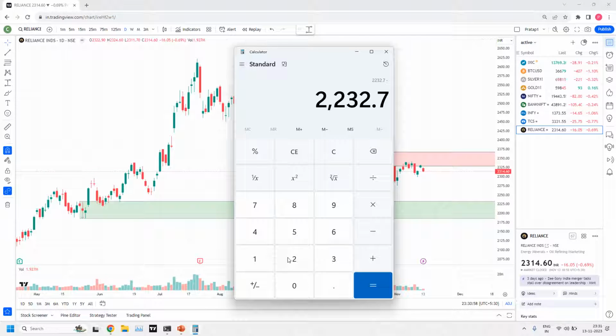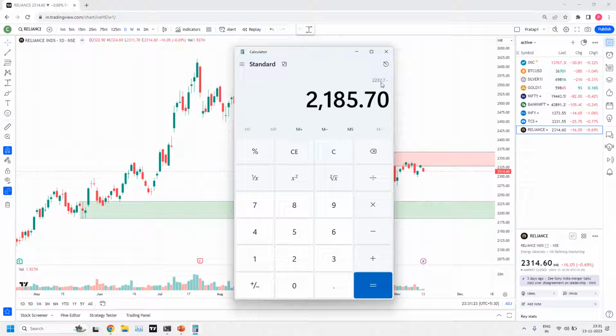So minus 2185.70. Let me check, is it 2185? I am placing my mouse on the third base candle in the zone. Now look at the top and check the open, high, low, close values. The low is 2185.70, exactly the same.